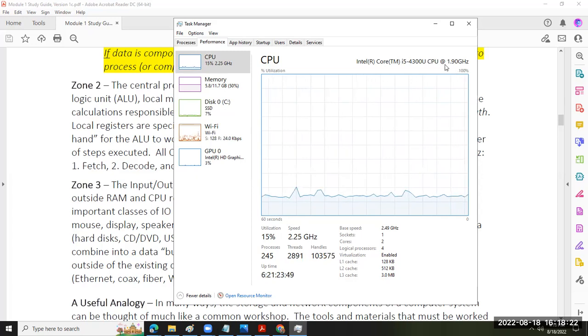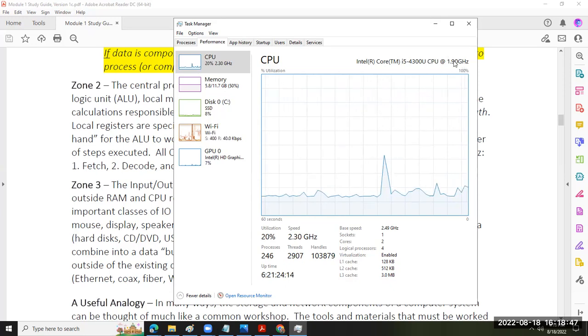Giga, anyone know what giga is? That's a billion, yes. So 1,000 times a million is a billion, and giga is a billion, right? If 1,000 times 1,000 is a million, and that's mega, and then you have 1,000 megas, that's 1,000 times 1,000 times 1,000. That's a billion cycles.